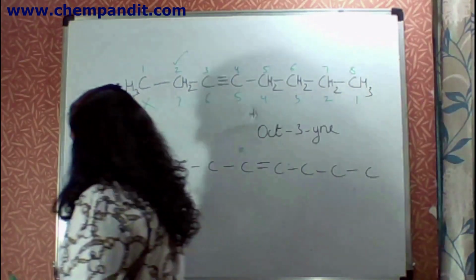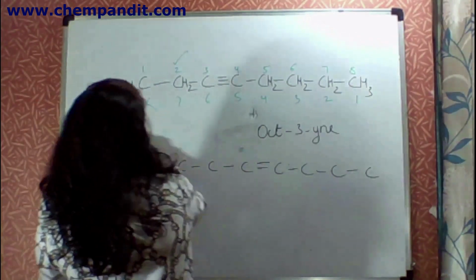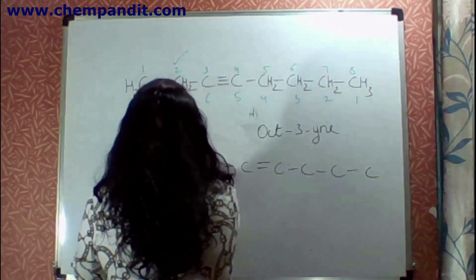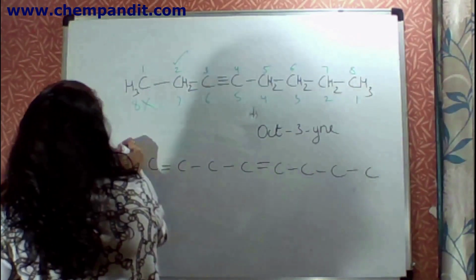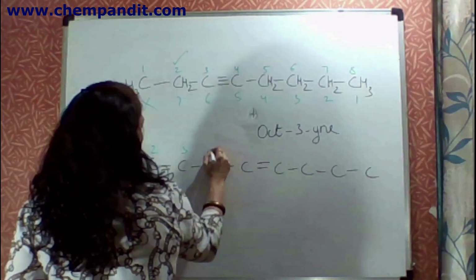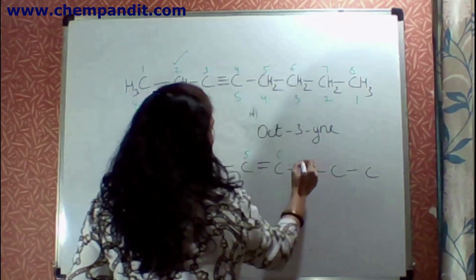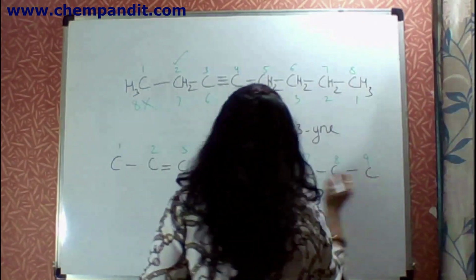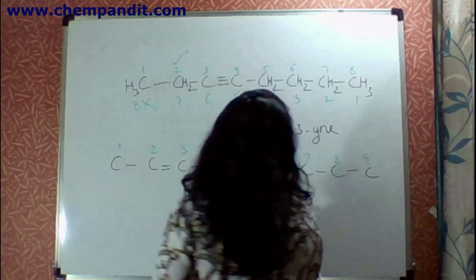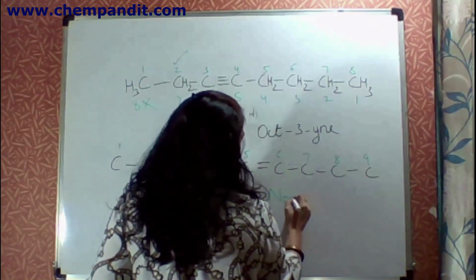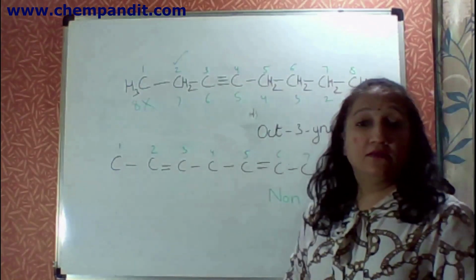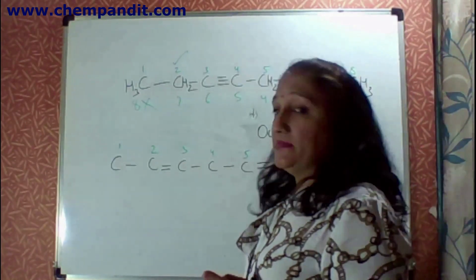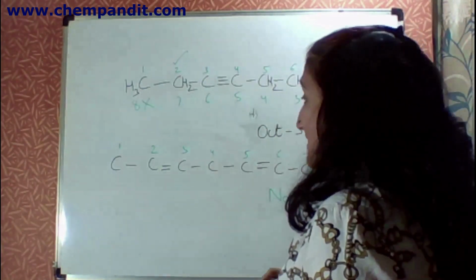Now let's start numbering the compound from left to right. 1, 2, 3, 4, 5, 6, 7, 8 and 9. So the root word here is non, right? When carbon atoms are 9 in number, the root word is taken as non, right?